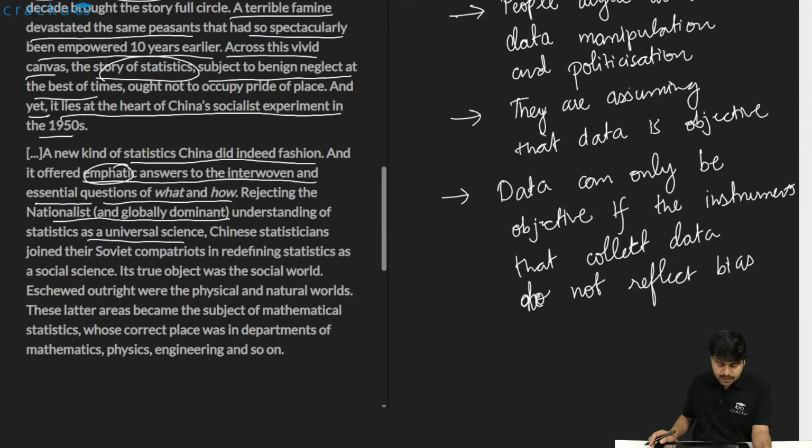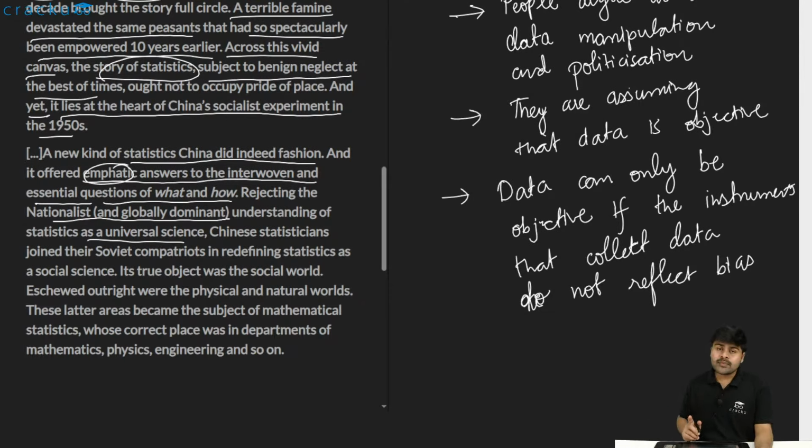Okay, so now we are talking about the nationalist understanding of statistics as a universal science. Remember, the communists defeated the nationalists. These nationalists used to think that statistics is a universal science, that it applies everywhere.